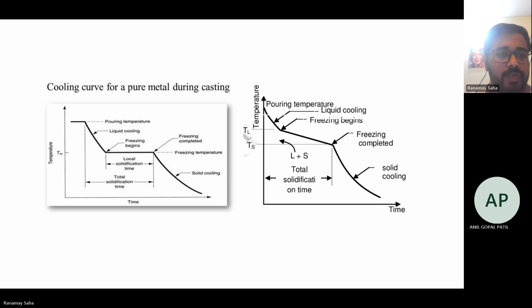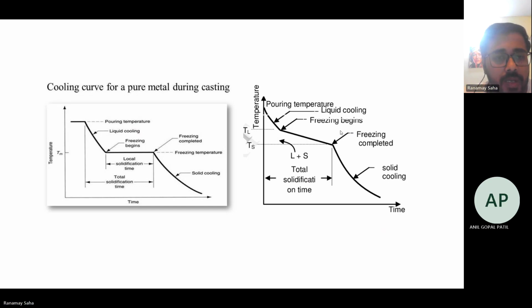So at the temperature-time graph, the metal solidifies at a particular temperature, and freezing begins and completes within a constant temperature, whereas in the case of an alloy, as you can see in the diagram here, there's a temperature gradient that follows. So like Ts, a range of temperature follows while the alloy freezes until it gets completed.